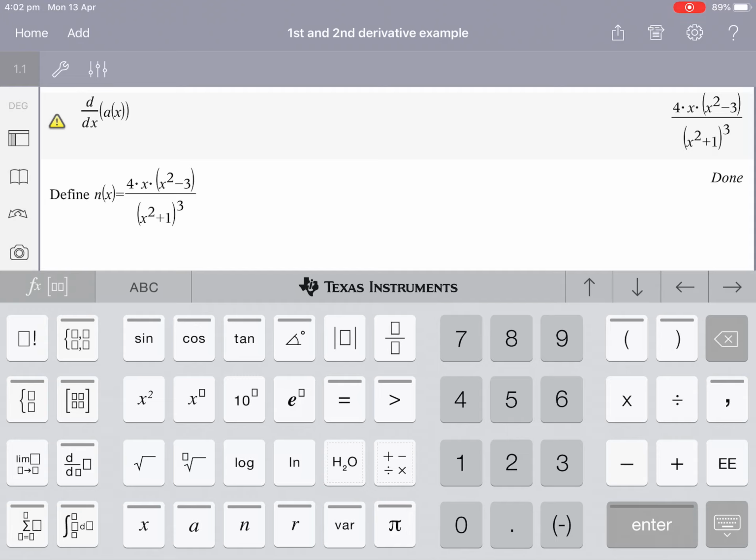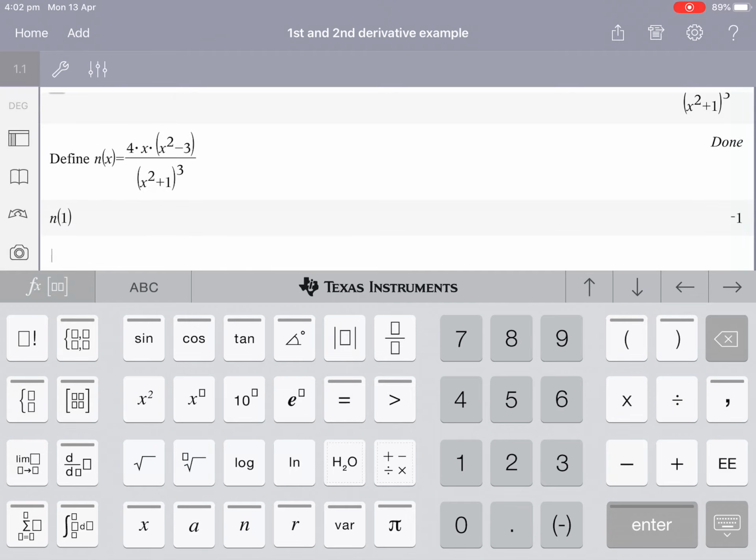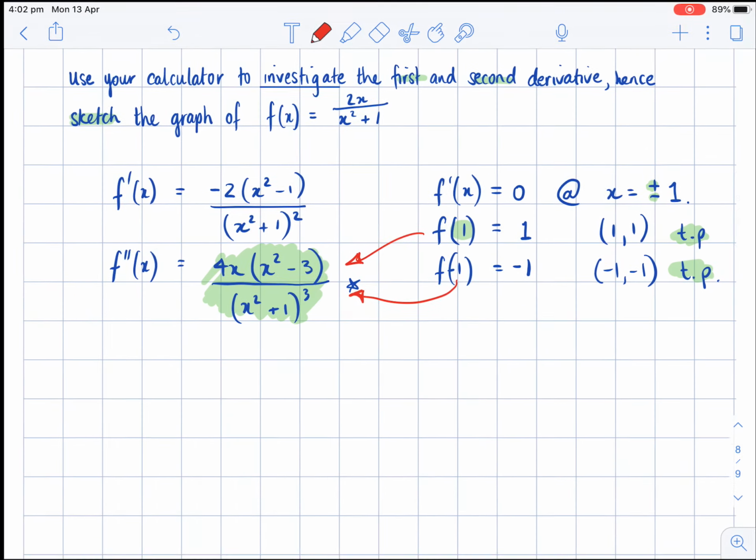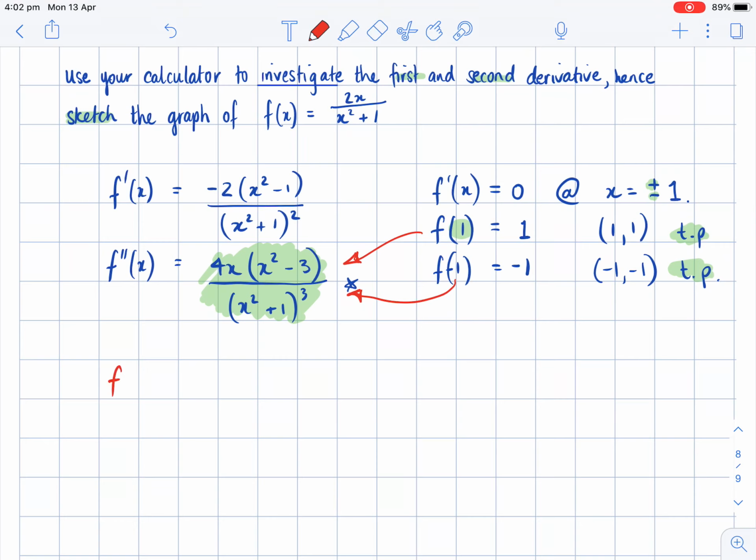Okay, so let's find out when I substitute in that x value of 1 into the second derivative, I get -1. So when I substituted in 1 into the second derivative, it equaled -1.